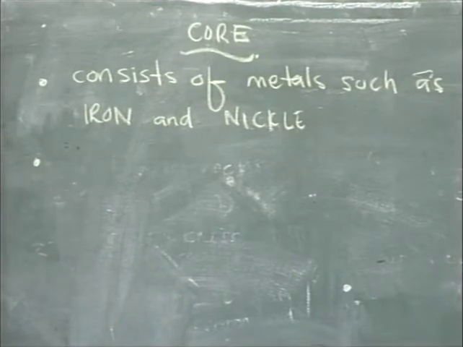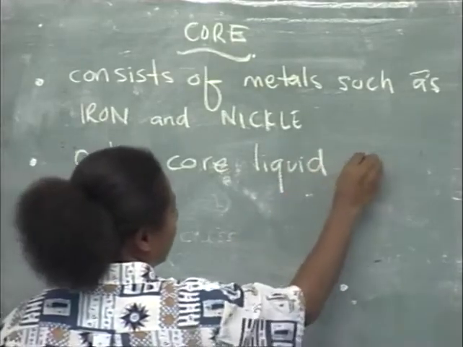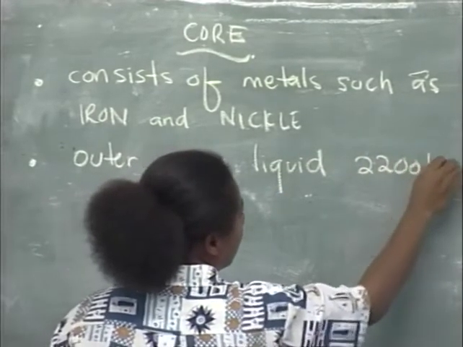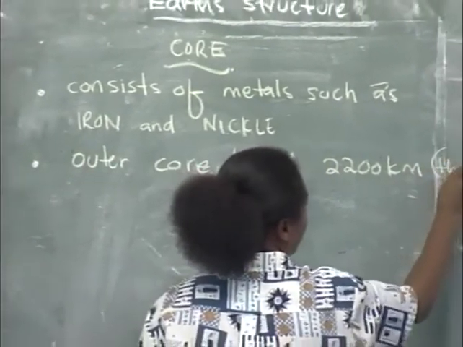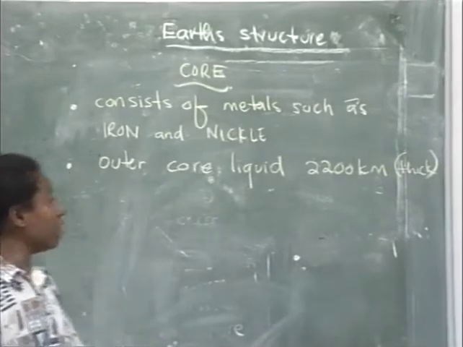Other characteristics? The outer core is liquid and it is 2,200 kilometers thick. Okay, so she's given us information here.